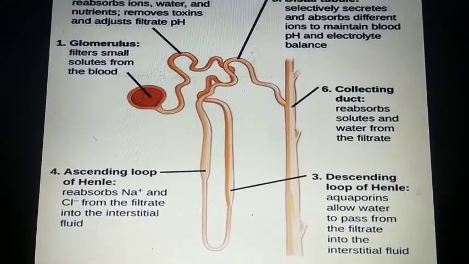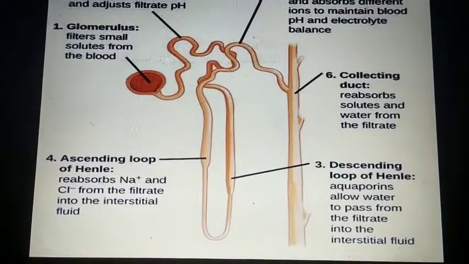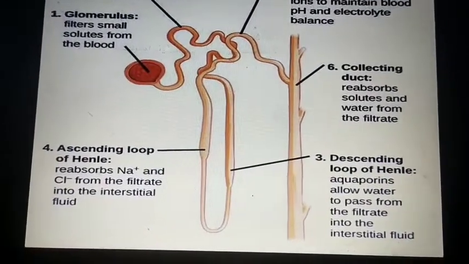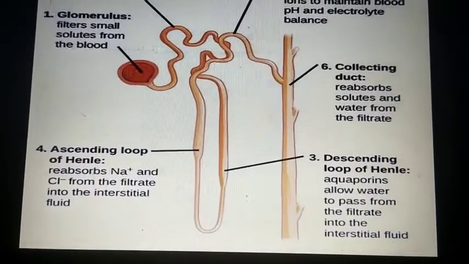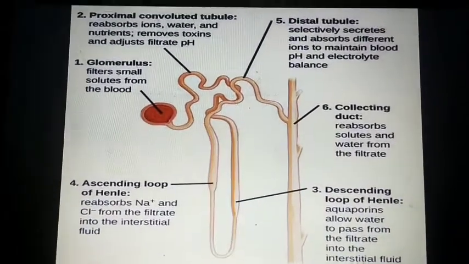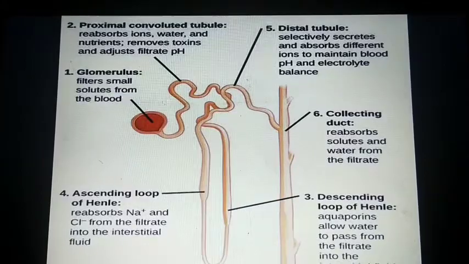And in the collecting tubules, most of the water is reabsorbed in the collecting ducts. They reabsorb solutes and water from the filtrate. This is the function: which part has which function.